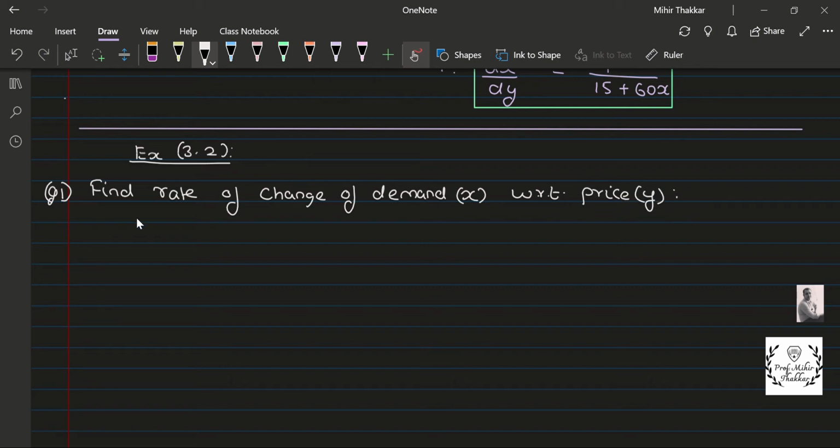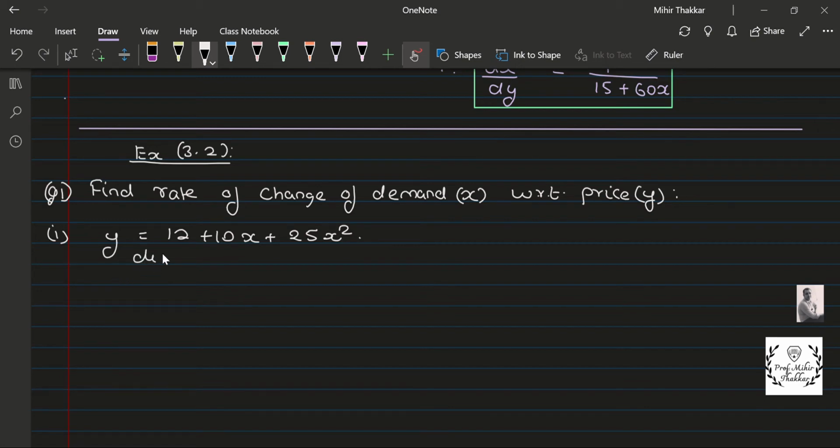y. Sum number 1. Over here I am given y is equal to 12 plus 10x plus 25x square. So this is a very simple sum, guys.